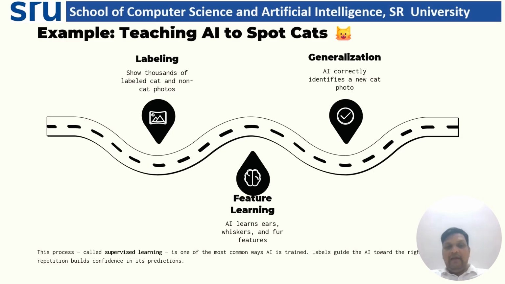Feature learning: AI learns ears, whiskers, and fur features. Generalization: AI correctly identifies new cat photos. This process, called supervised learning, is one of the most common ways AI is trained. Labels guide the AI toward the right answers and build confidence in its predictions.